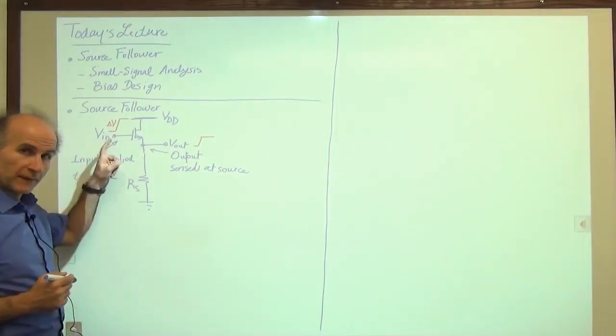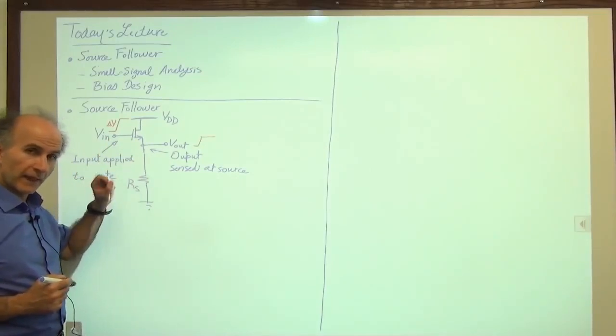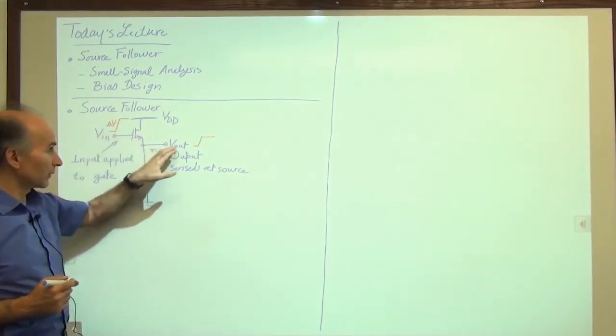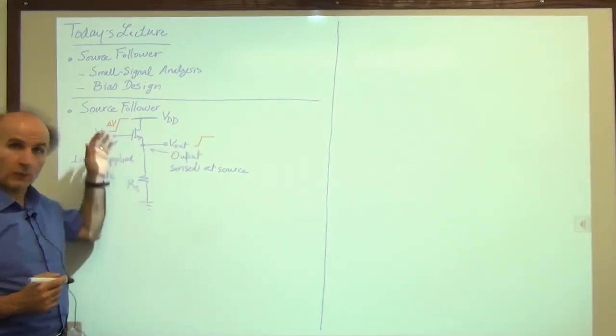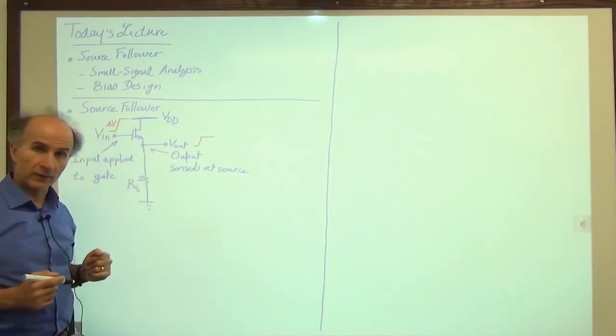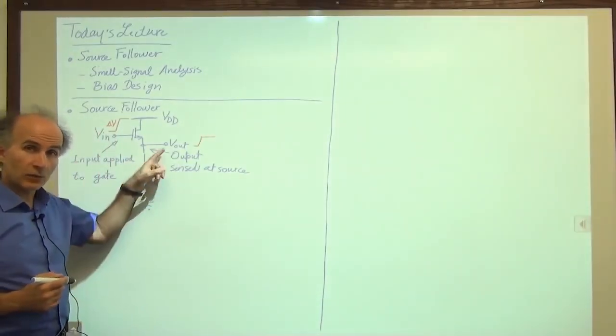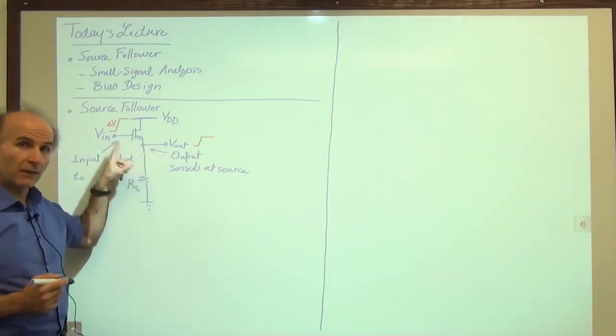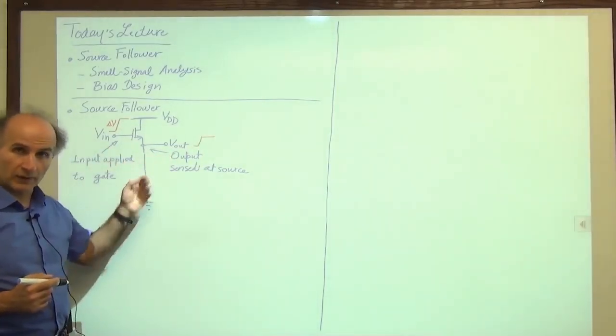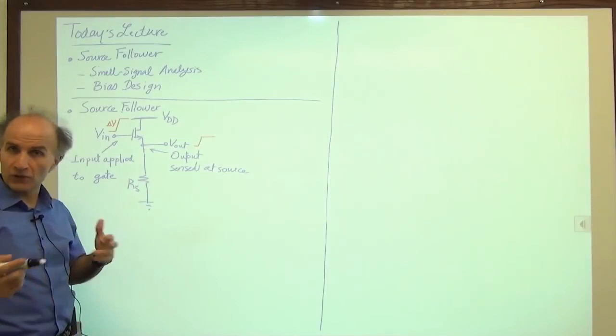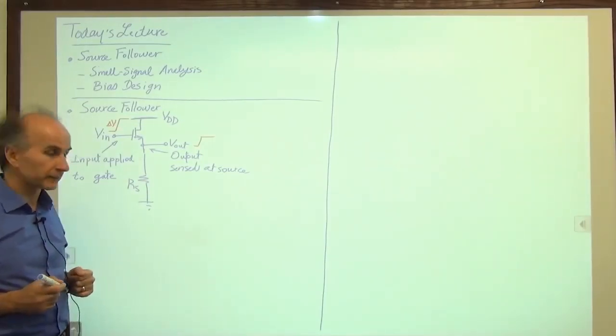All right, so what we see for the source follower is that when the input goes up, the output also goes up. Obviously, when the input goes down, the output also goes down. In other words, the source voltage follows the gate voltage, and that's why it's called a source follower. It's a strange name, but that's how it came about.